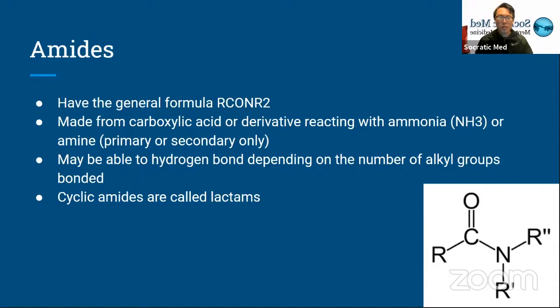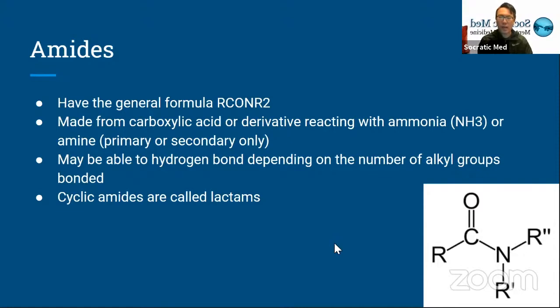Because the amide might have hydrogens attached to that nitrogen, it might be able to hydrogen bond. If the starting group was ammonia or a primary amine, then it will have one or two hydrogens attached to that nitrogen, so it can hydrogen bond.